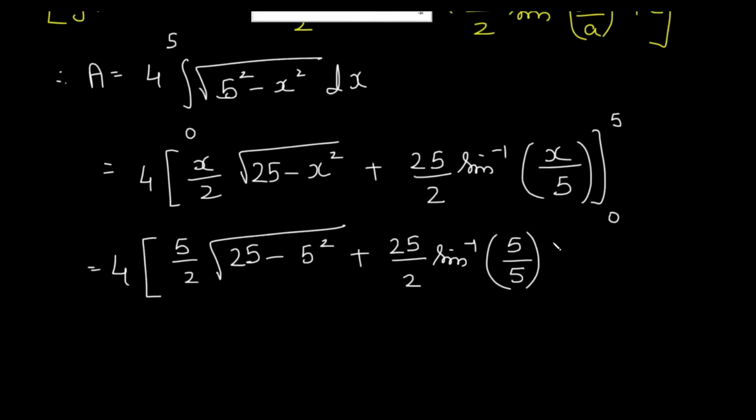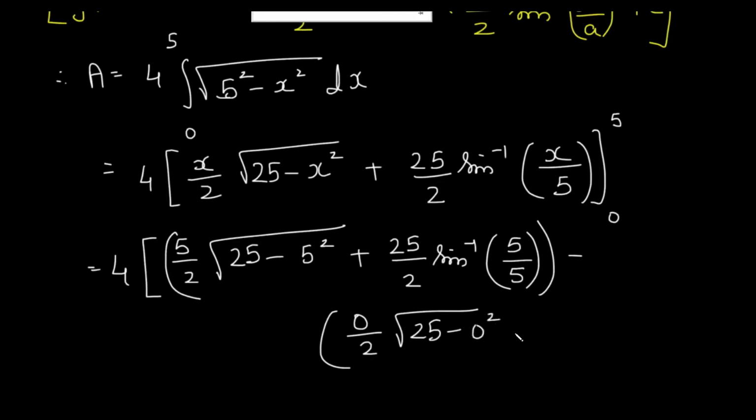That is applying the upper limit of integration. Minus again 0 upon 2 root of 25 minus 0 square plus 25 upon 2 sine inverse of 0 upon 5.